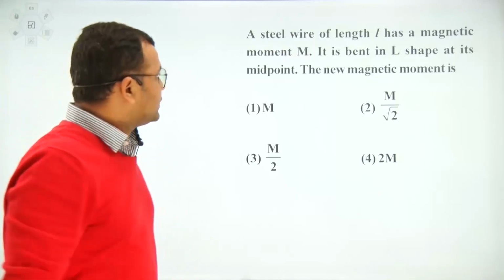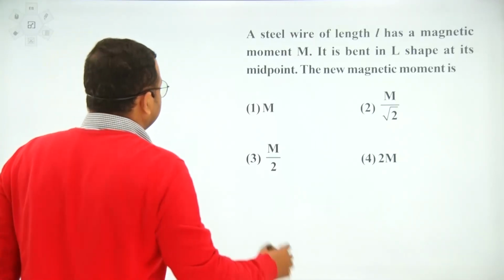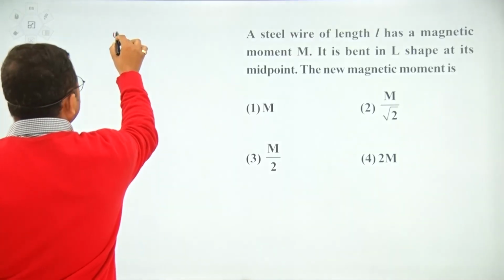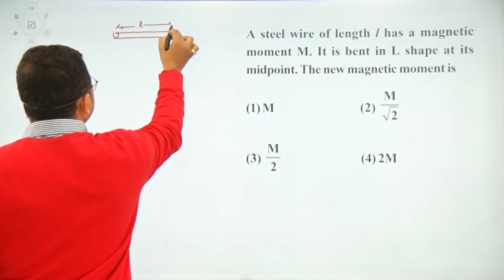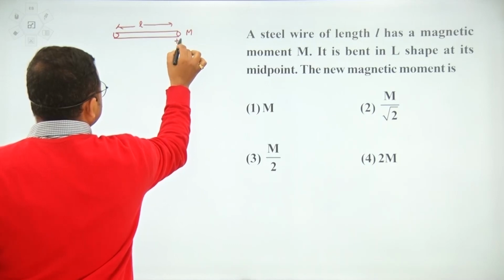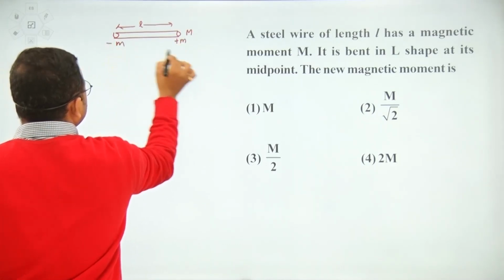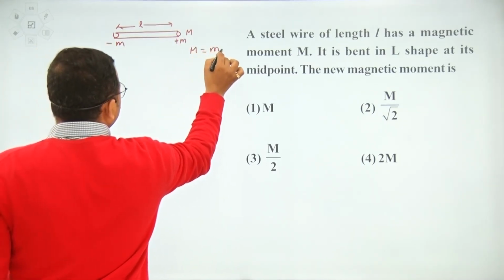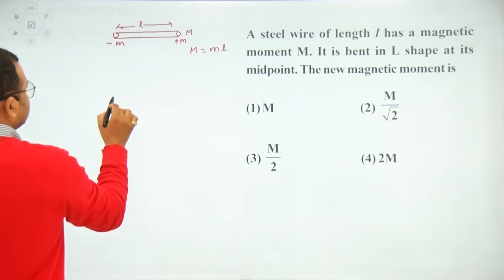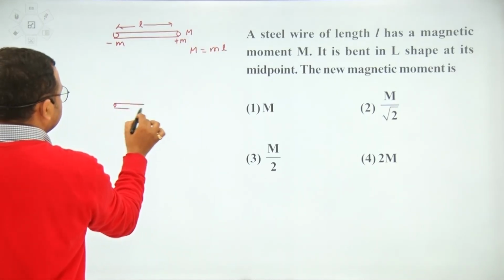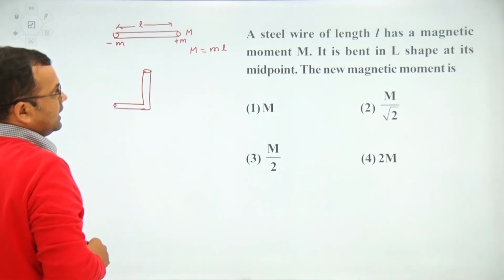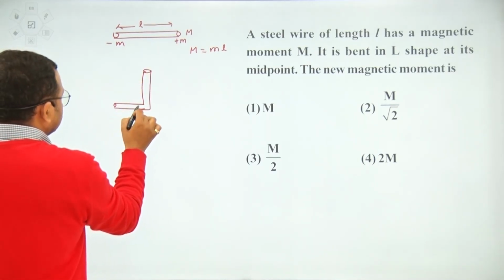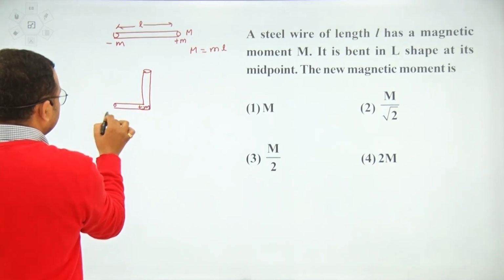Welcome students, coming to the next question. A steel wire of length L and magnetic moment M. So this is a steel wire whose length is L and magnetic moment is M. Pole strength is plus m, minus m, and M is small m times L. Now this is bent in an L shape at the midpoint.